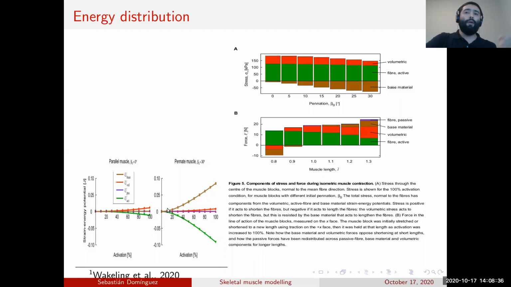But when you change the orientation of the fibers, you see that the contribution from the base material is much higher than before. Which was really surprising because we thought that maybe the volumetric would go up as well, trying to maintain the nearly constant volume of the muscle.